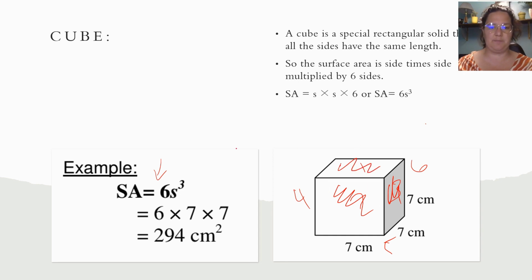It's up to you. So in this case, all of our sides are 7 by 7. So we have 6 sides. Each of them are 7 centimeters by 7 centimeters for a total of 294 centimeters squared. Personally, I still treat cubes like I do rectangular solids, so that I'm only remembering one formula.